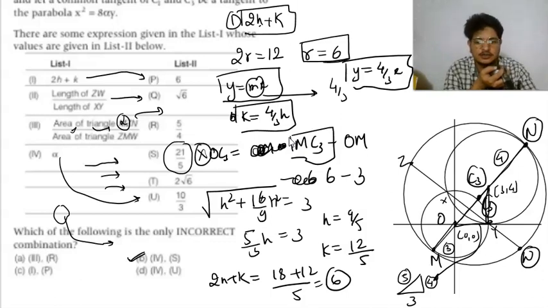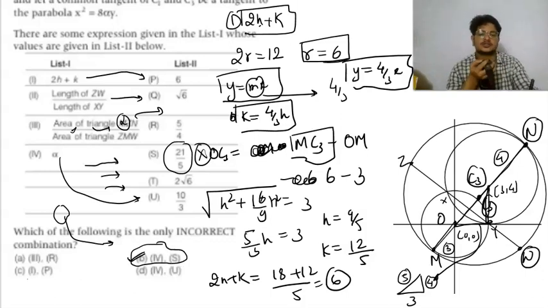And last, 1 to P, is also correct, and 4 to U, 10 by 3, is also correct, which means that option B is incorrect and the rest of the options are correct. Hope you get the answer. Thank you.